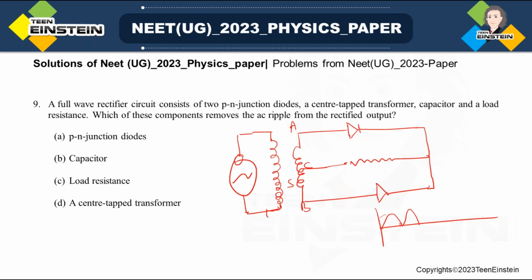So this is the rectified output. But see, even though this is DC, there is no negative value of the output, still it is not a constant value, right? It is actually oscillatory in nature. This oscillatory nature is called ripple. So these ripples are removed by a capacitor.